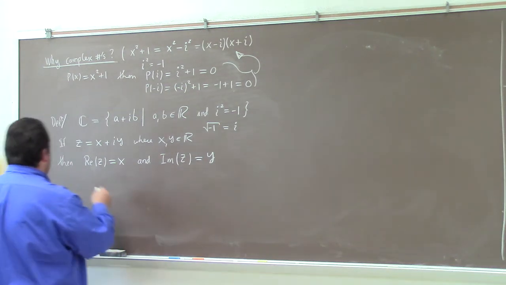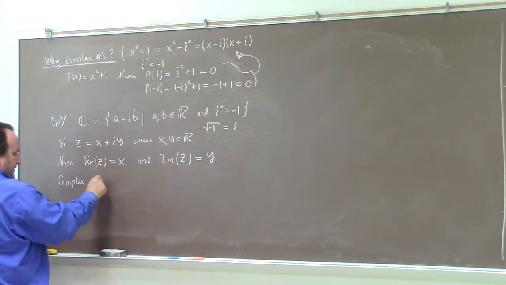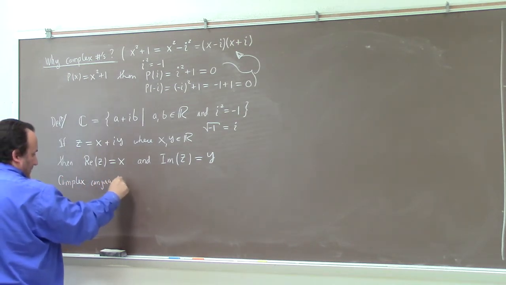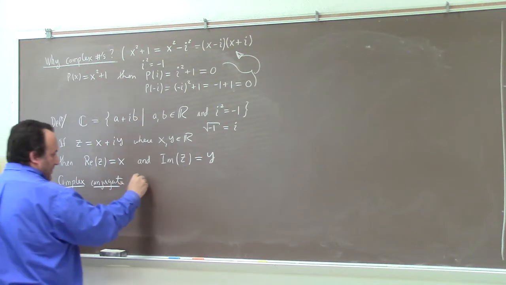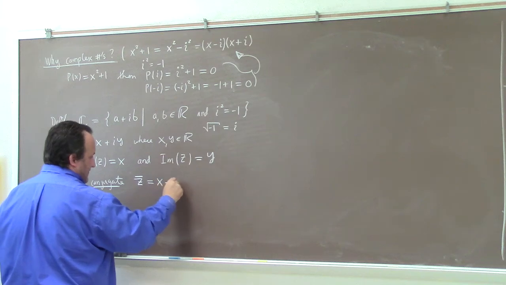Also the complex conjugate: z bar is x minus iy.